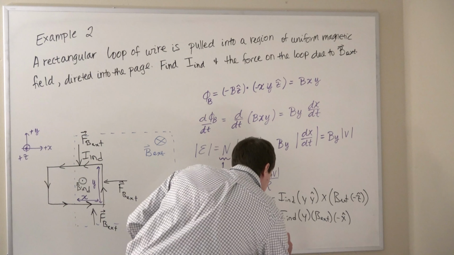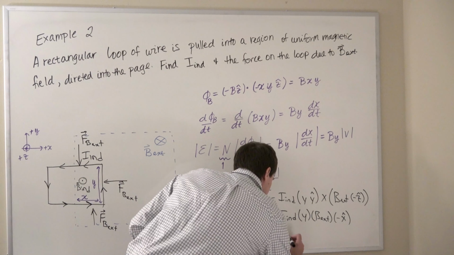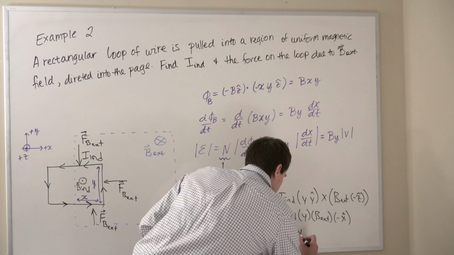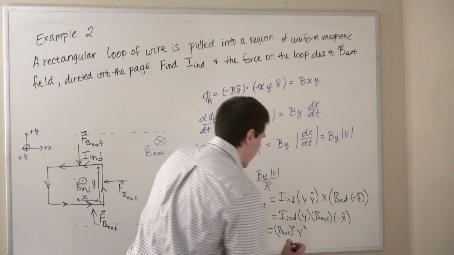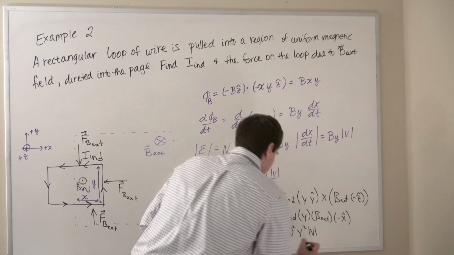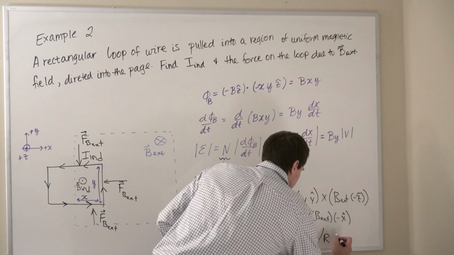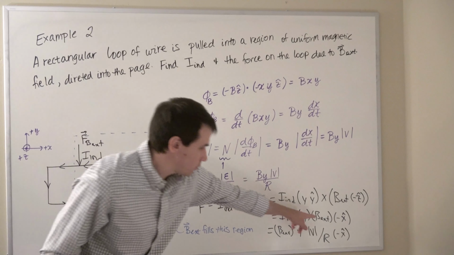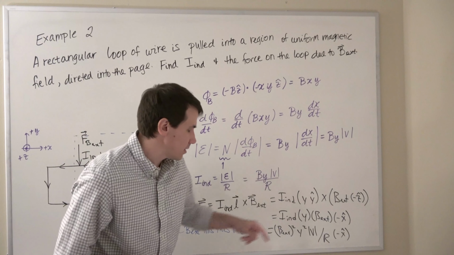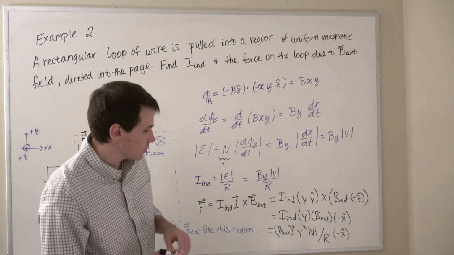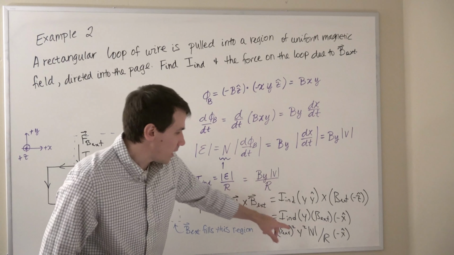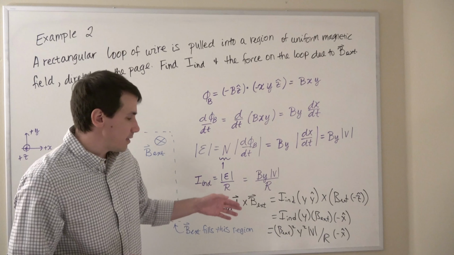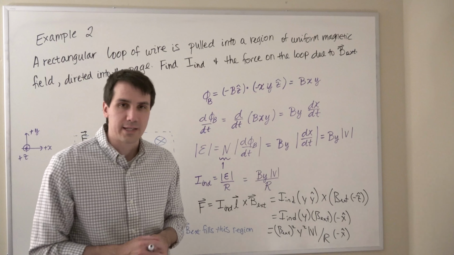So I would get B external squared multiplied by y squared multiplied by the magnitude of the velocity divided by r, and that would all be in the negative x hat direction. So I have two magnetic fields, one from the I induced and one here from my force equation. B squared, y times y, the velocity, and then the r, the resistance of my loop, in the denominator, and it points in the negative x hat direction.